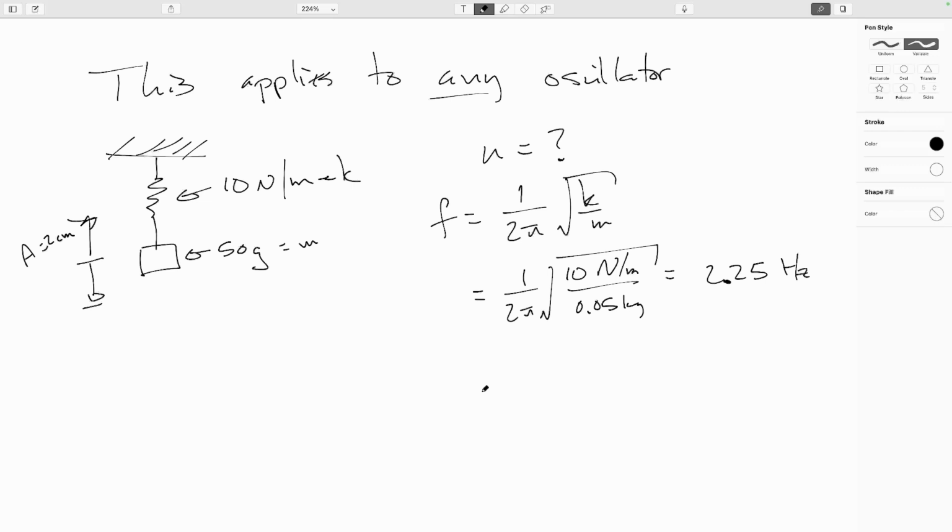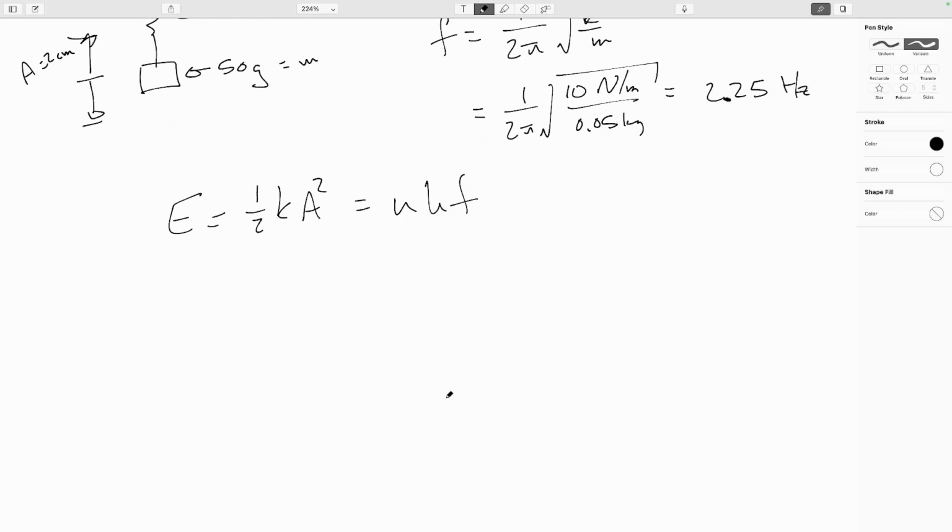All right. So our total mechanical energy is 1/2 the spring constant times the square of the amplitude. And, says Planck, this has to be equal to some principal quantum number n times hf. So we can solve for our quantum number.